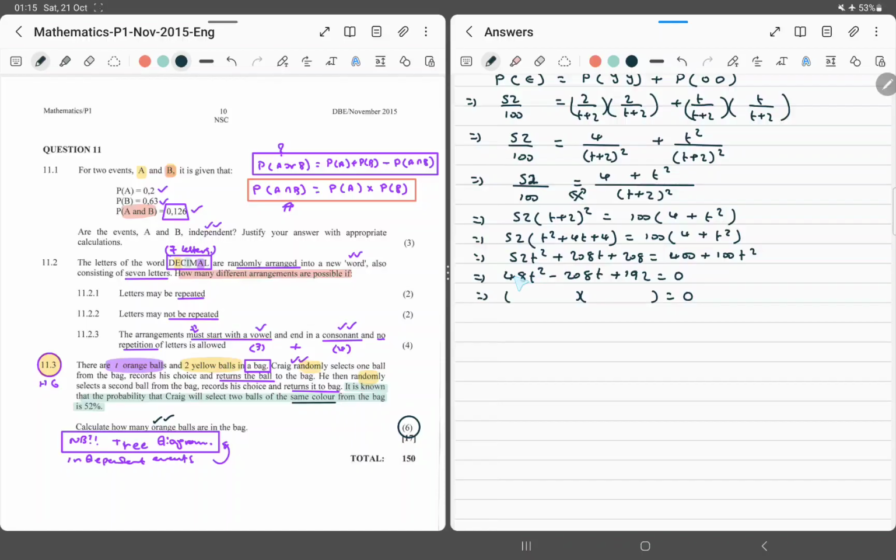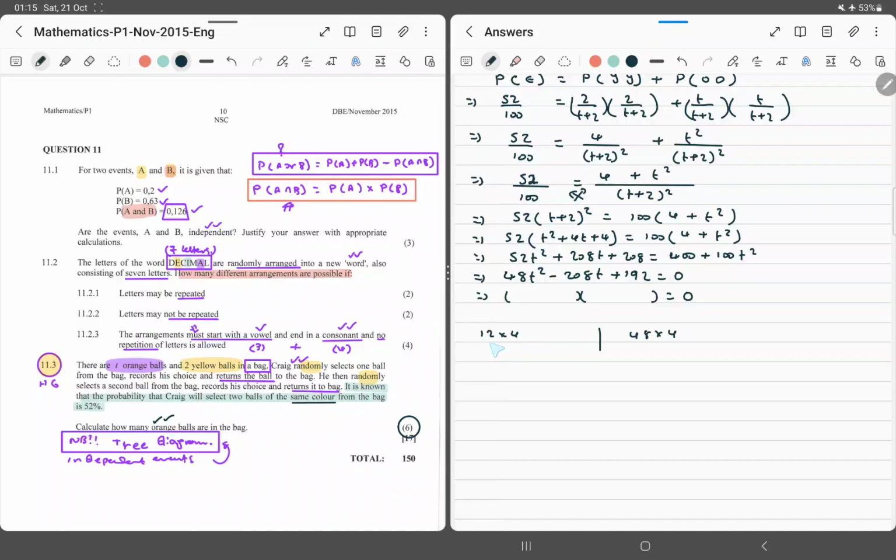Now let's have a look. 48 is basically 12 times 4. 12 times 4 is 48. So this is 12 times 4. Now let's look at 192. 192, we said 192 divided by 48 gives us 4. So this is 48 times 4. Will it work? Not too sure. These ones are not going to work because we have to multiply each one by the other.